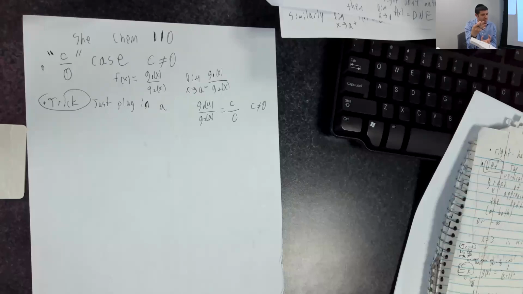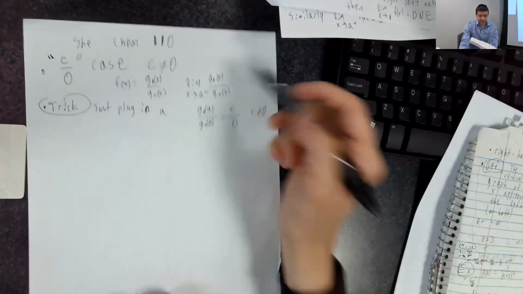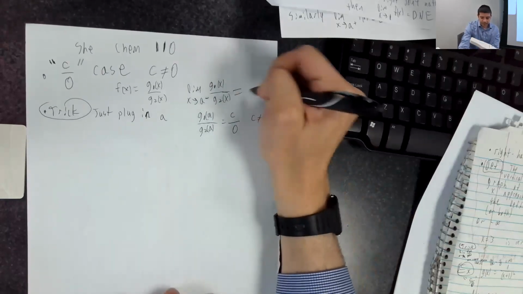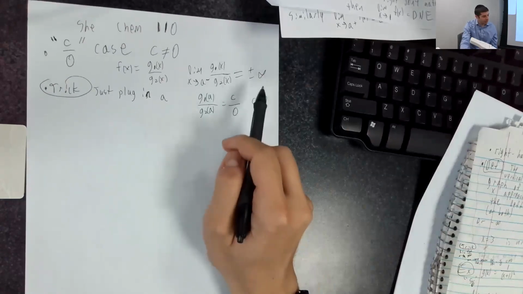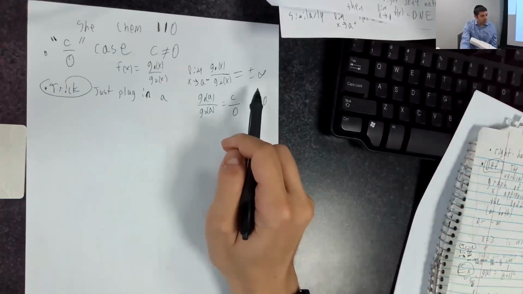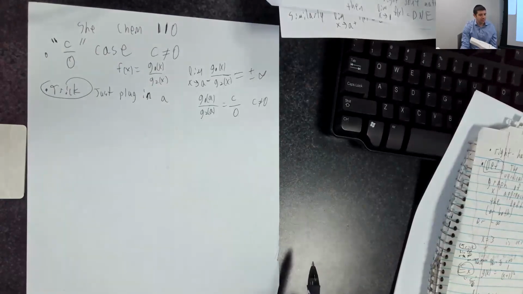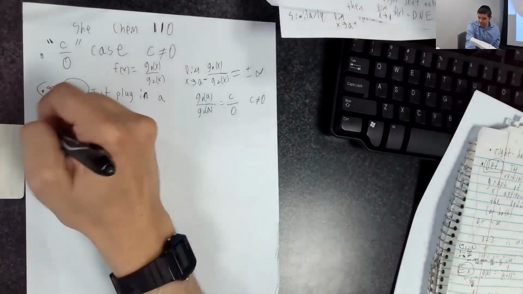Big number. Big, really big. So if your denominator is becoming 0, that means this has to be plus or minus infinity. One or the other. We don't know which one yet, but it will be one of them. Let me show you how this trick works.